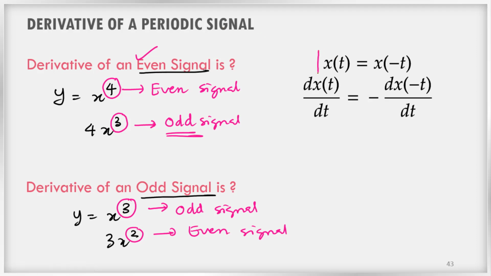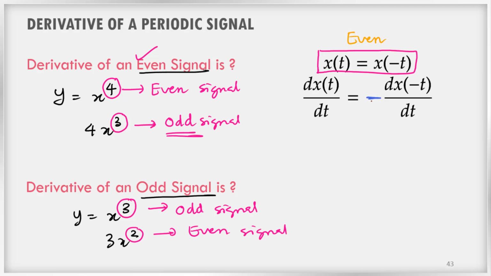Consider x of t is equal to x of minus t. What is meant by that? This is an example of an even signal because the condition of the even signal is satisfied here: x of t is equal to x of minus t. Now take the derivative on the LHS and RHS. Here you can see dx(t)/dt. Here it is dx(minus t)/dt. Since the derivative is with respect to t, you have to put a minus here.